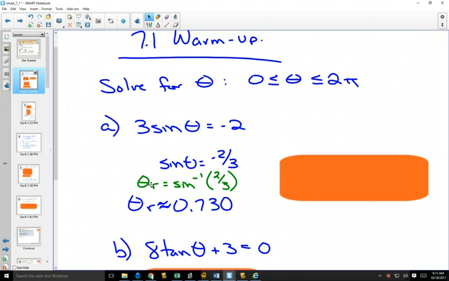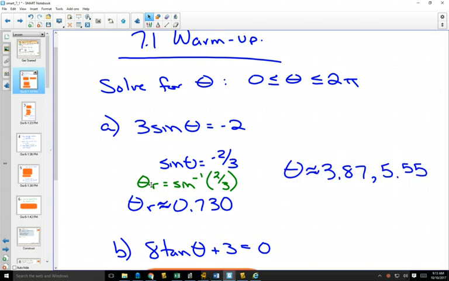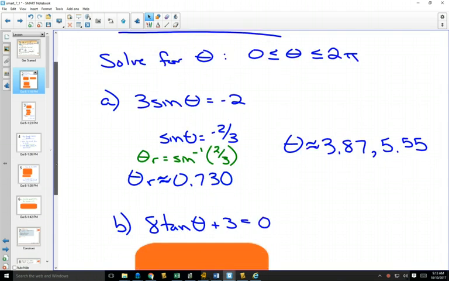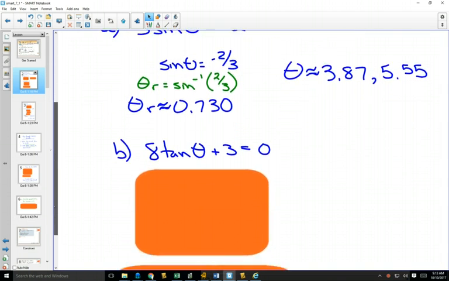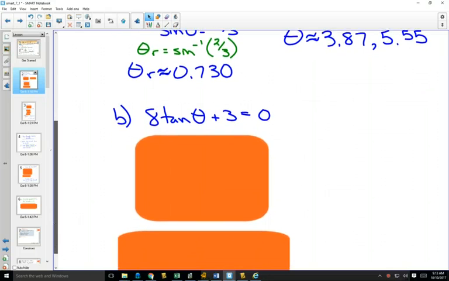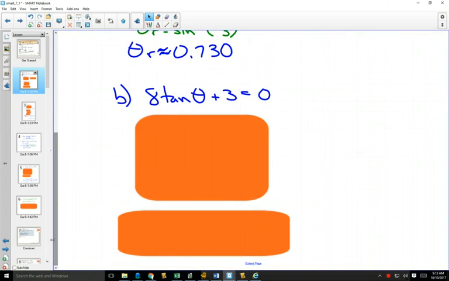Okay, how did you do? Did you find these two answers? This time it was 2 decimal places. It's fine. Part B. Have you got your reference angle already for part B? Yes?